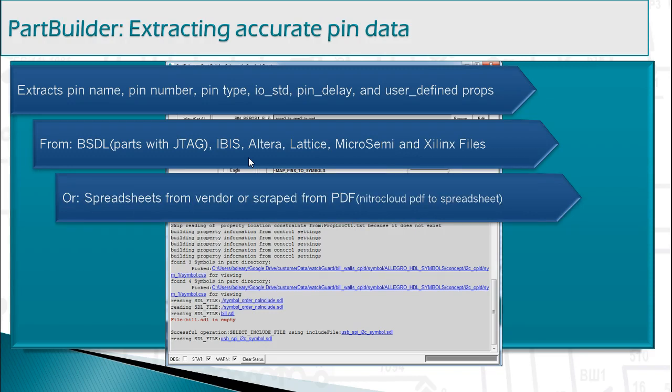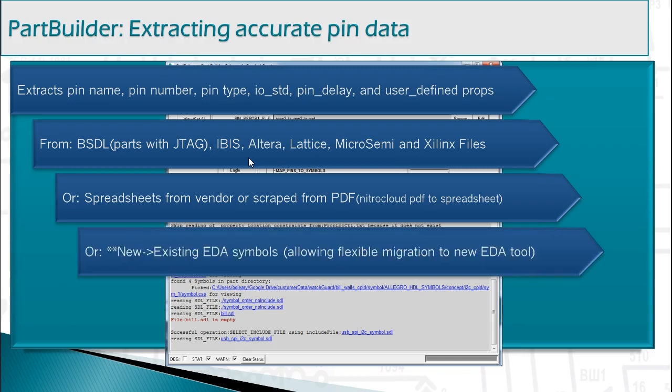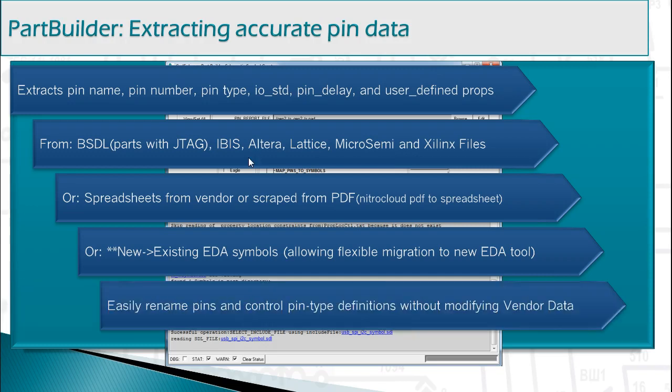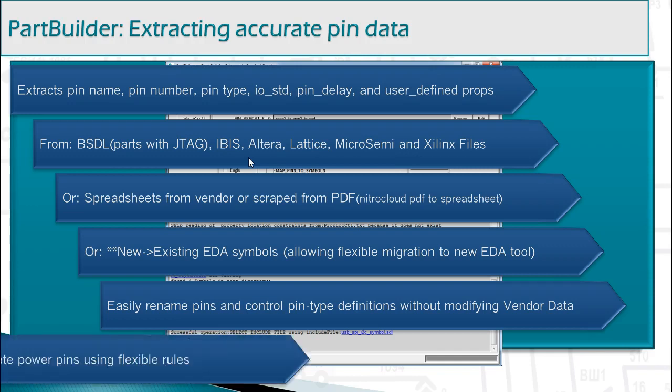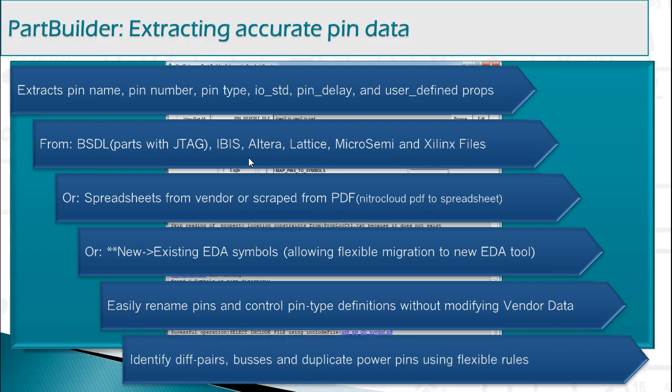And sometimes we use the Nitro Cloud free PDF to spreadsheet converter to help us out with that. Or, with the newest flow we have, we can take existing EDA symbols and create SDL, allowing flexible migration to new EDA tools. We can easily rename pins and control pin type definitions without ever modifying the input vendor data. We automatically identify diff pairs, buses, and duplicate power pins using flexible rules.